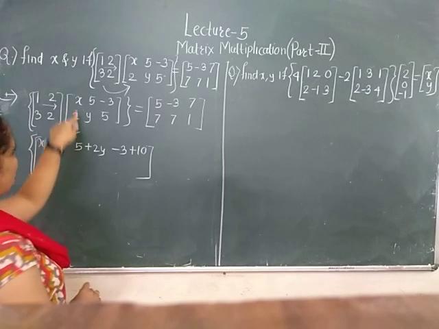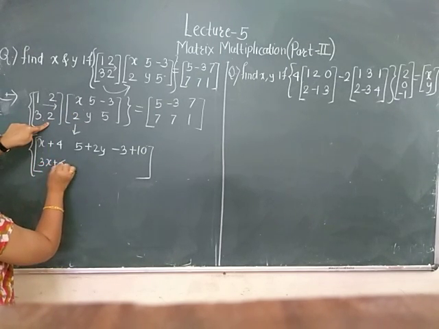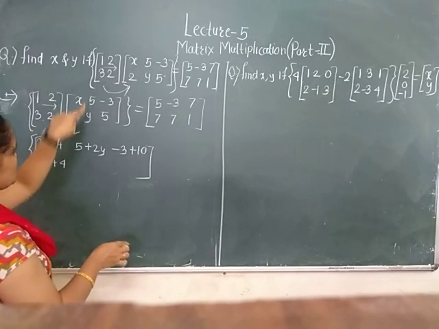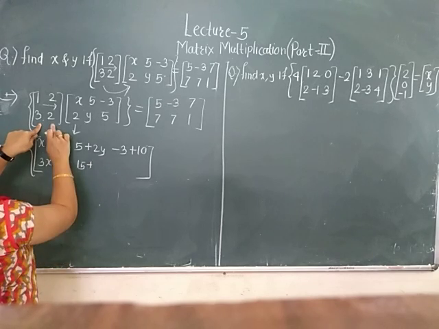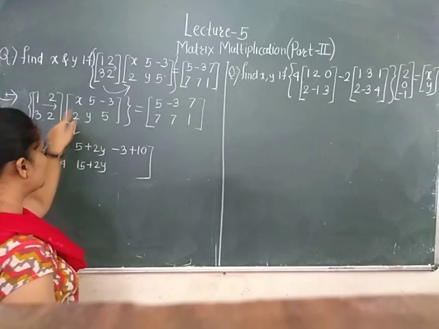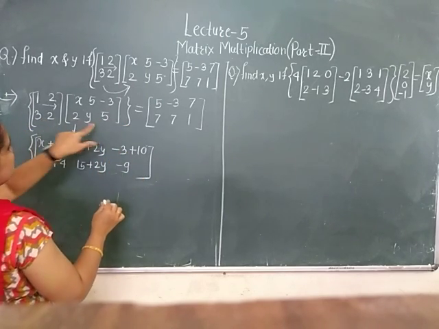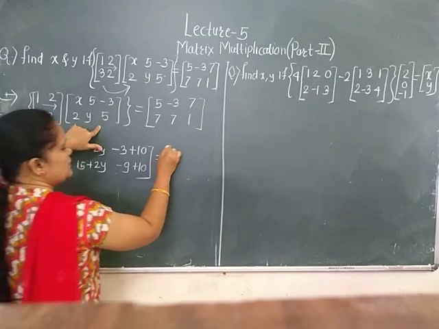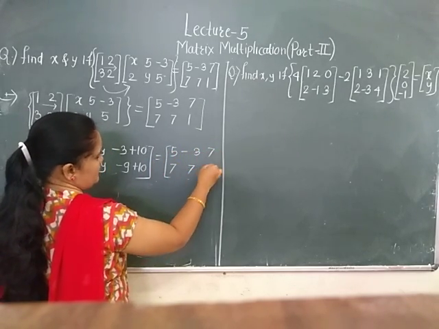Then second row, first column: 3 into x is 3x, plus 4, 2 into 2 is 4. Then second row, second column: 3 into 5 is 15 plus 2 into y is 2y. Then second row, third column: 3 into minus 3 is minus 9, then it is 10. It is equal to, given to us, 5, minus 3, 7, 7, 7, 1.